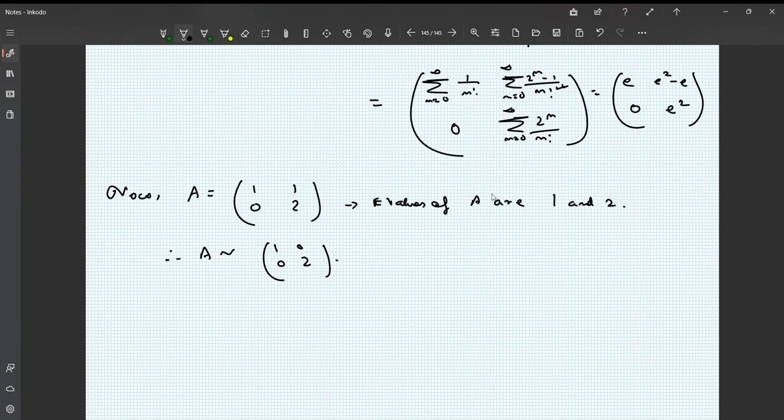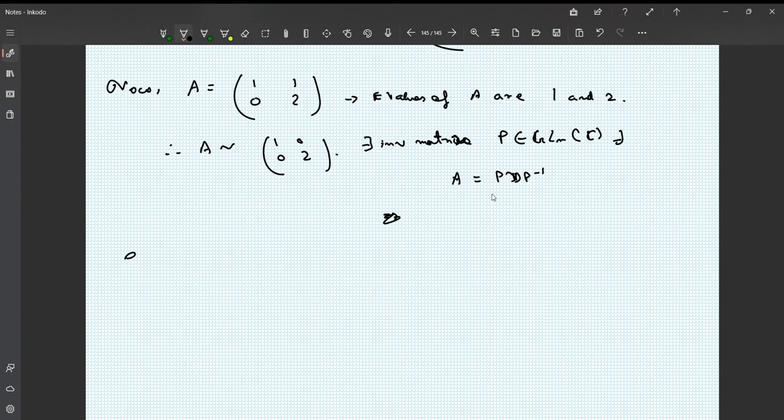But we know that in this case, there exists an invertible matrix P, let's say in GL n C, such that A is P D P inverse. Clear? So we have this form.